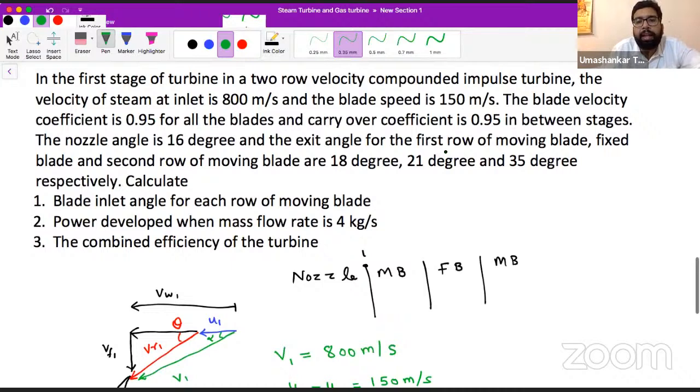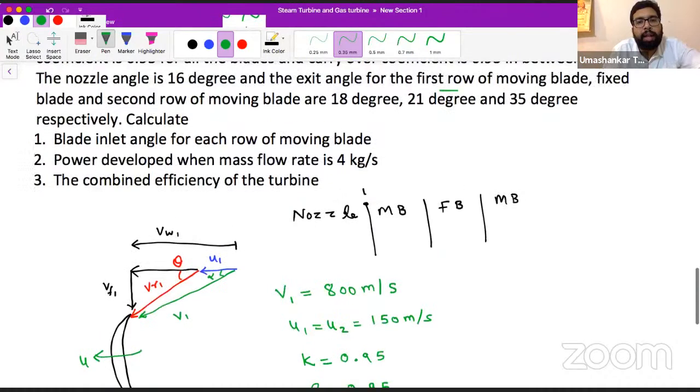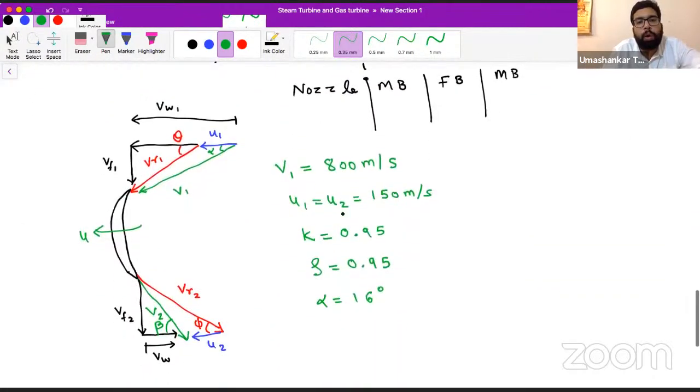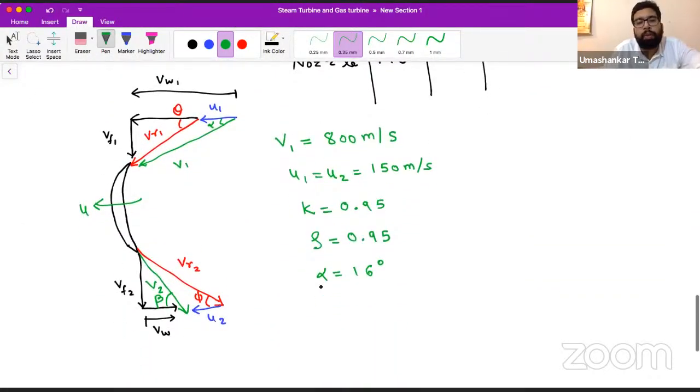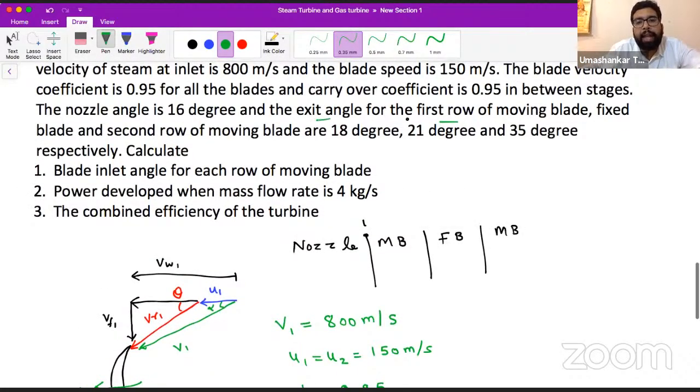The exit angles of the first row of moving blade, fixed blade, and second row of moving blade are 18, 21, and 35. Let us first take the data of the first row of moving blade. So phi is given as 18 degrees, the exit angle of the moving blade.